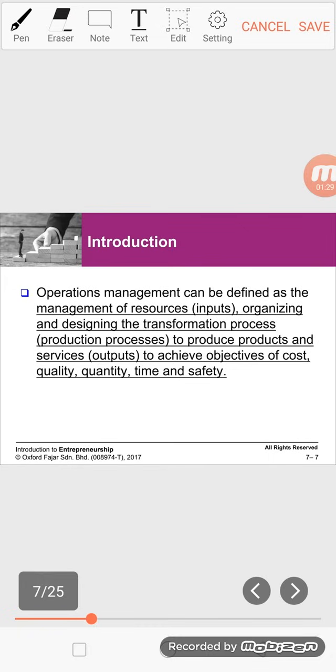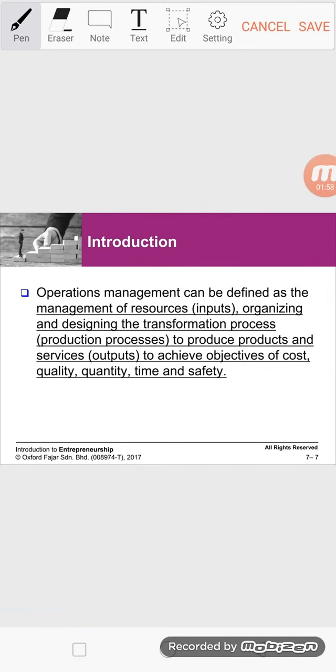Okay, so first of all, we have to define the meaning of operation management. Operation management can be defined as the management of resources, which are the inputs, organizing and designing the transformation process, which are the production processes to produce products and services, our outputs, to achieve objectives of cost, quality, quantity, time, and safety.